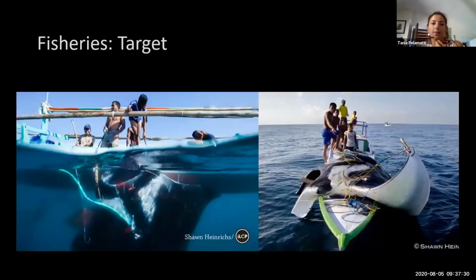And in some places they are even caught and fished for their meat. They are very big animals that can sustain a lot of people. And so in some poor countries, they are even fished directly. They are targeted in the fisheries. And that's why they are vulnerable.